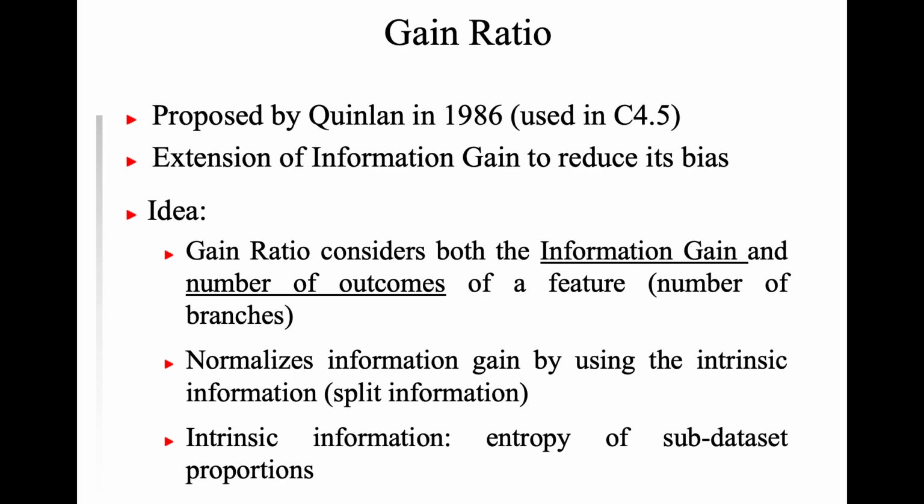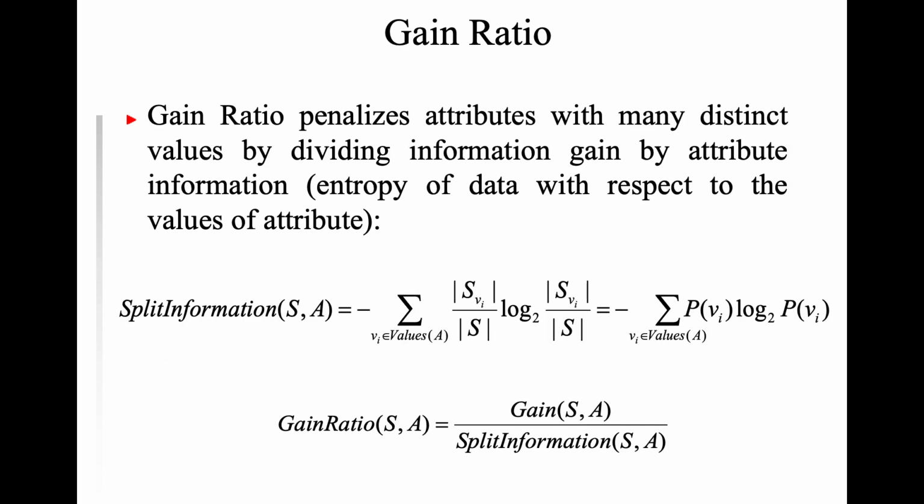Now how does it normalize? It uses intrinsic information, or split info. And let's see what intrinsic info is. It is the entropy of the subset proportions. So for example, let's say we want to find the gain ratio of our set S with respect to attribute A. A could be outlook, wind, or whatever in our example.